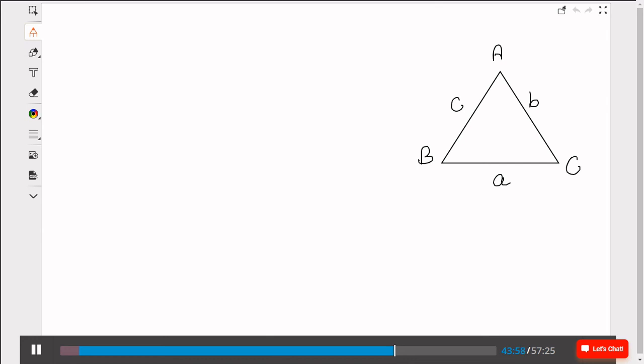So b squared plus c squared. And then subtract the side corresponding to that angle, which is a squared. And at the bottom you write 2 times these two sides only, not the third side. So this is for if you want to get cos A.